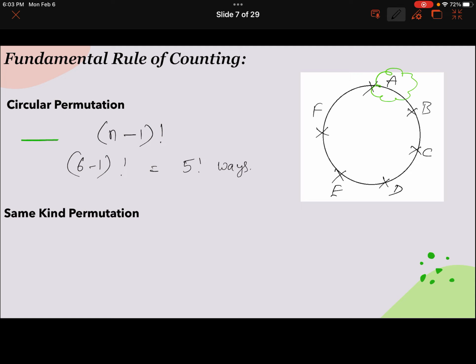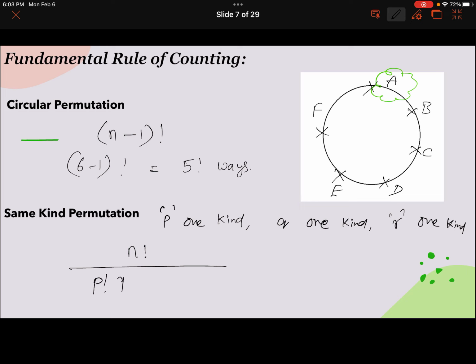The number of ways of arranging n objects in a line, where P are of one kind, Q are of another kind, and R are of another kind, is n factorial divided by P factorial into Q factorial into R factorial.